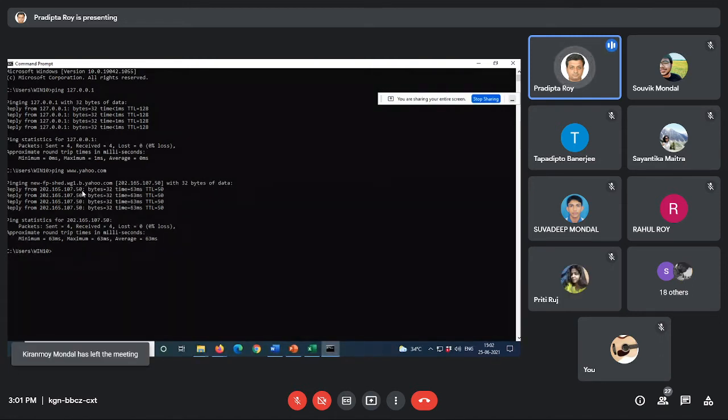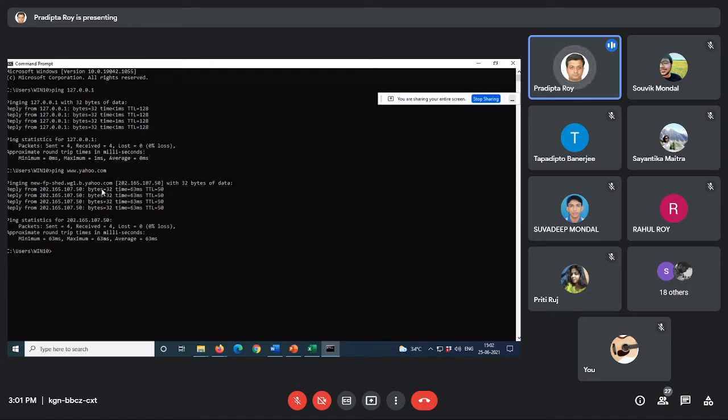What is the name of that Yahoo server? The computer name of that Yahoo machine is new-fp-shed.wg1.b.yahoo.com. That is the computer name from where the reply is coming for this ping command.